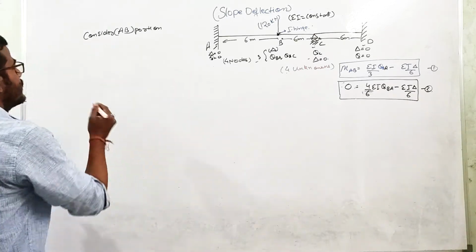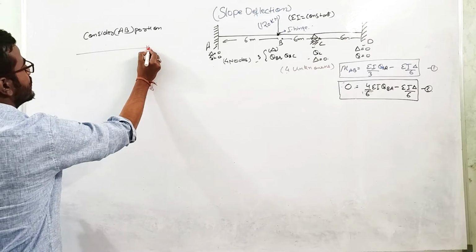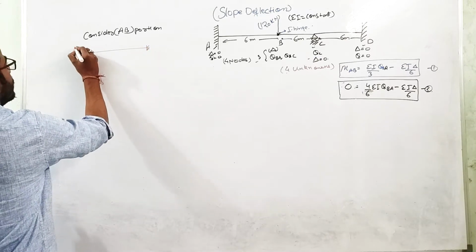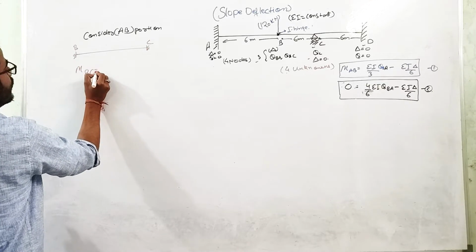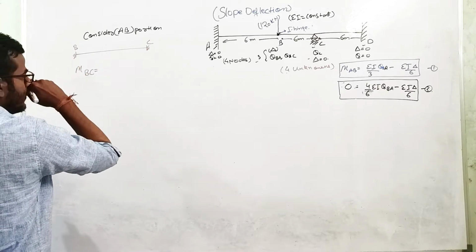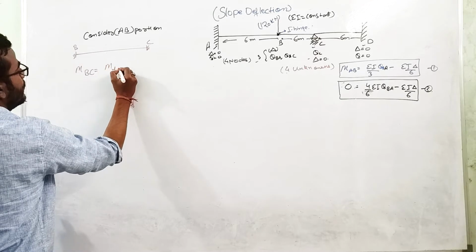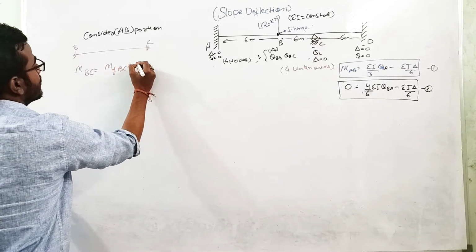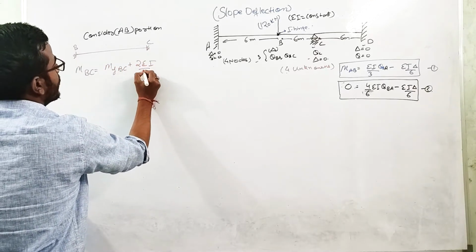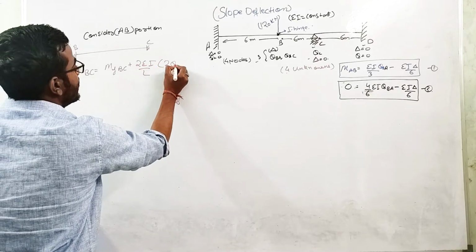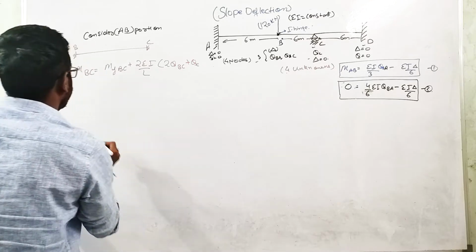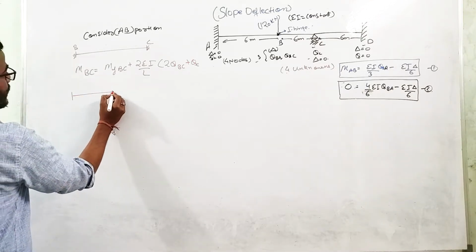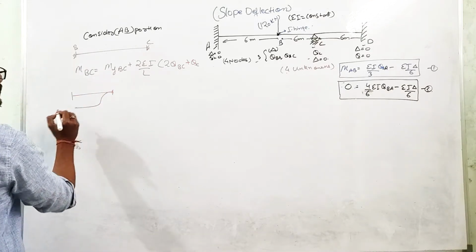So now let us come to this portion which is BC. Okay, so I can write MBC equals MFBC plus 2EI over L, twice theta BC plus theta C. Now you can see that this is the condition.